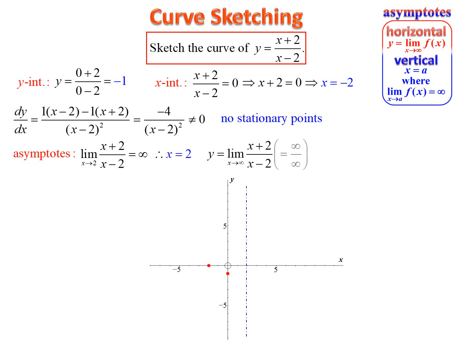Now I need to find that limit as x tends to infinity for the horizontal. That there is indeterminate, so I can use L'Hopital's rule, derivative over derivative, and so it's the limit of 1 over 1. Constant, so therefore that's it. And there is your asymptote.